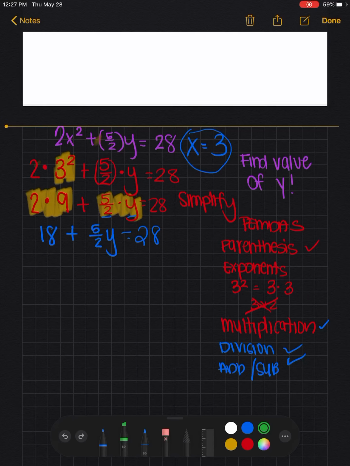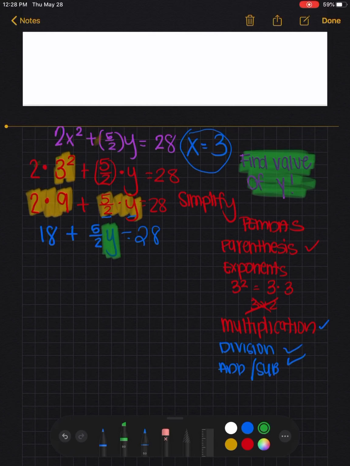So let's look at this. The whole goal is to get the y by itself. So the first thing we're going to do is get rid of the 18.